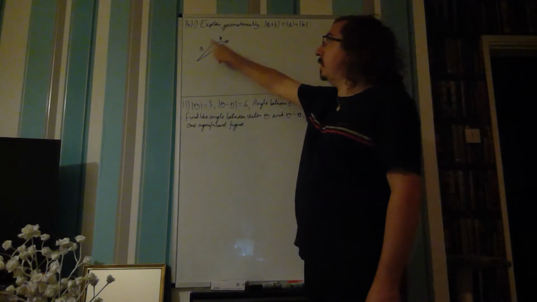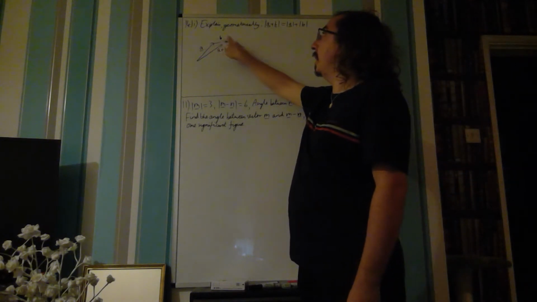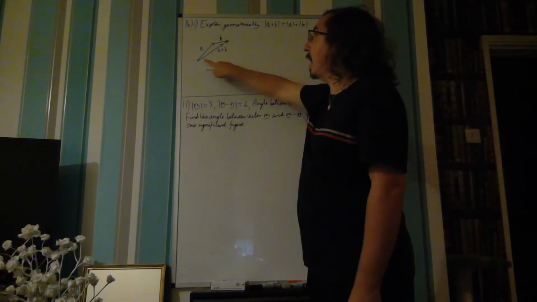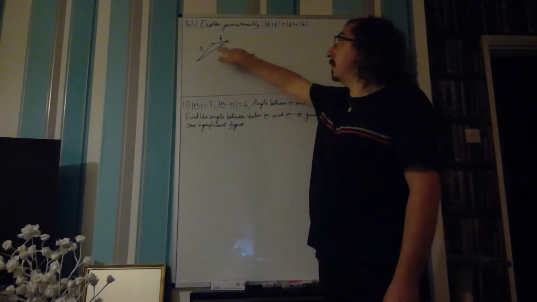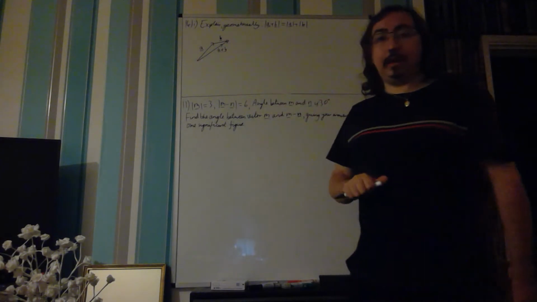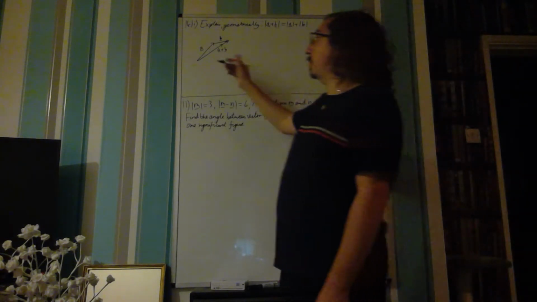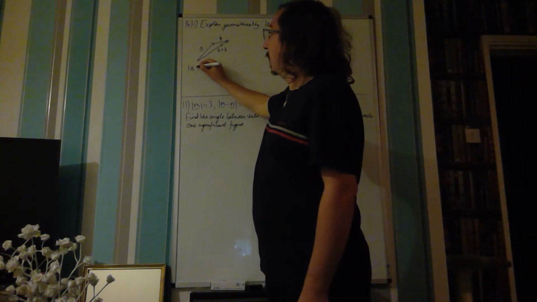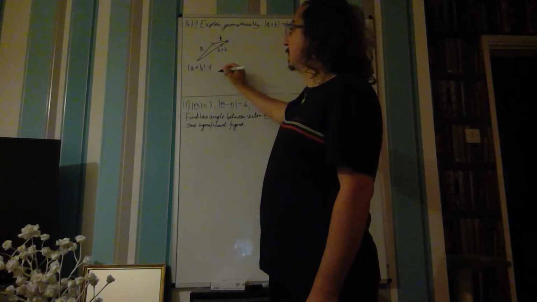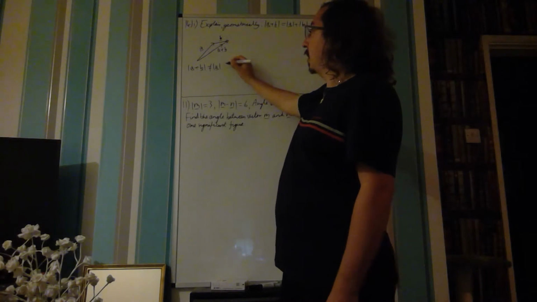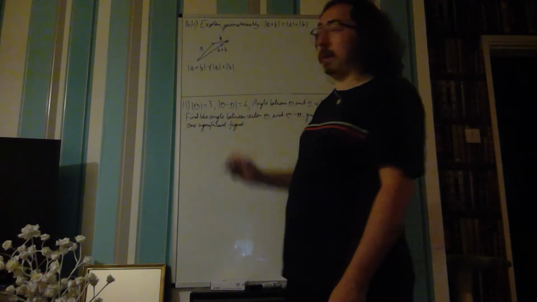Well, if we look at the length of A, if we were to add on the length of B here, it cannot possibly be the same as the length of this straight line here. Okay? So in other words, for this case, the magnitude or the modulus of the vector A plus B is not equal to the magnitude of A plus the magnitude of B.